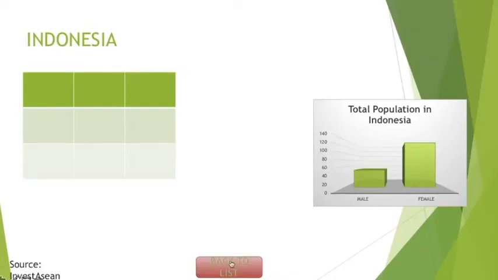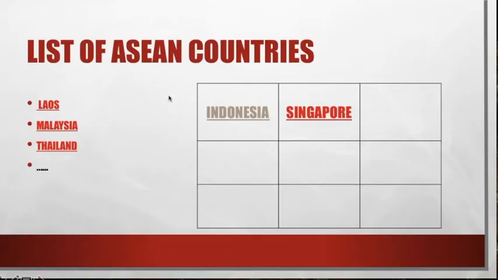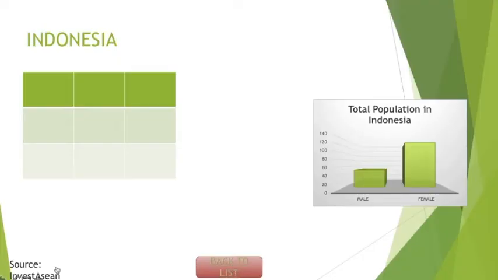When you go back to the list, this is a hyperlink. It's an internal hyperlink, because it goes back to an internal slide or page. And there is also another thing.